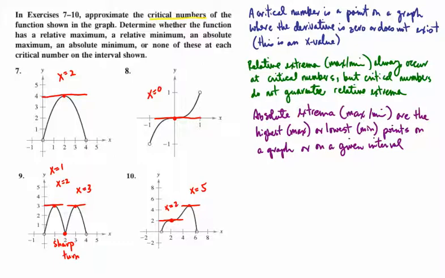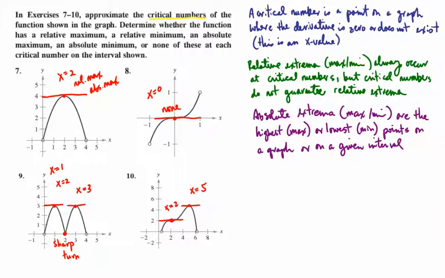So at x equals 2, in number 7, we can see that we both have a relative max and we also have an absolute max. In number 8, we have neither. It's neither a relative max or min. We'll just say none. There is no absolute max or absolute min there.